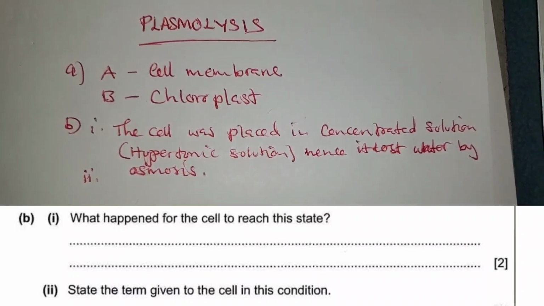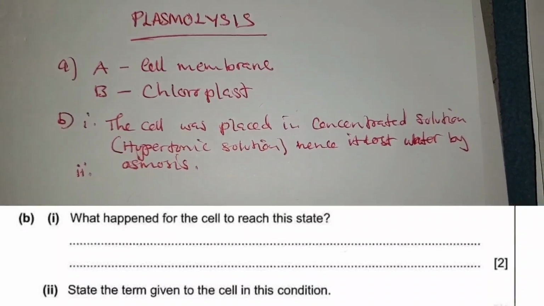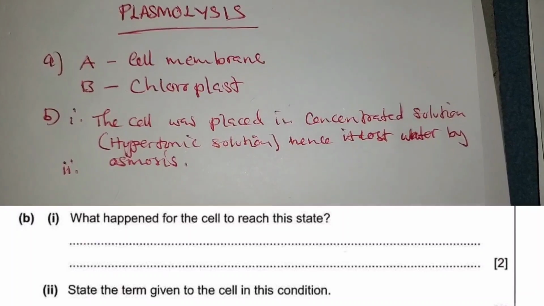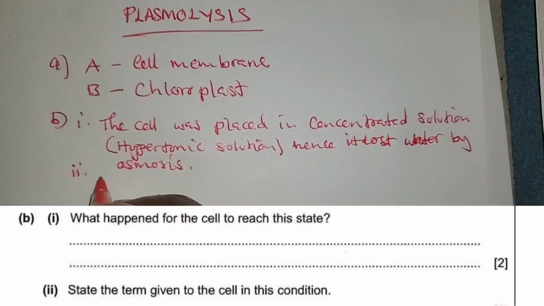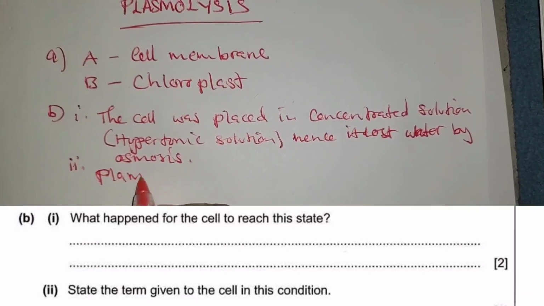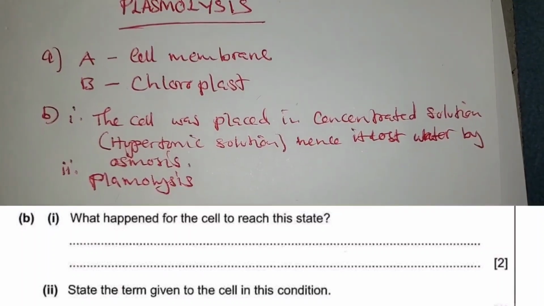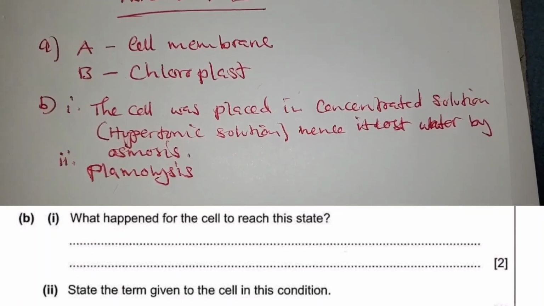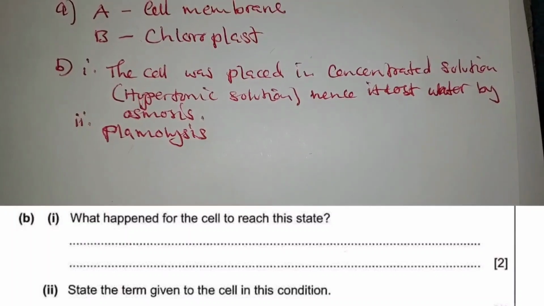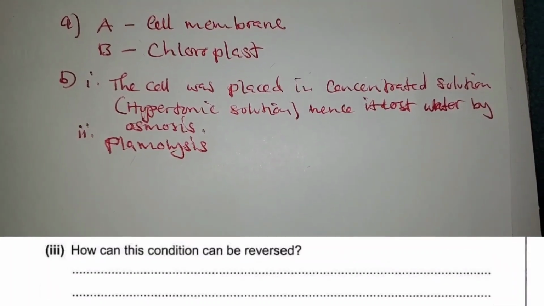Question B2 is saying, state the term given to the cell in this condition: plasmolysis.